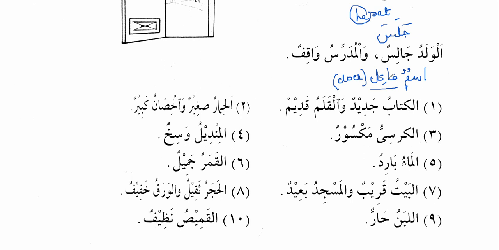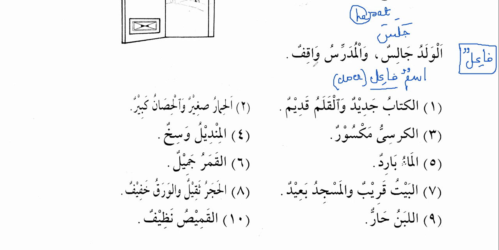In this case, the one who is sitting, who is doing the action of sitting. In order to make ismun fa'il, you follow a scale of fa'ilun. This is the scale you follow to make ismun fa'il. Jalisun. Al-waladu jalisun means the boy is sitting.